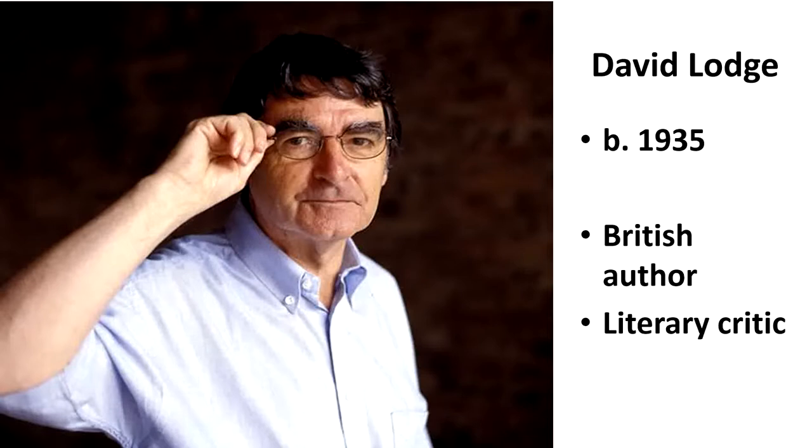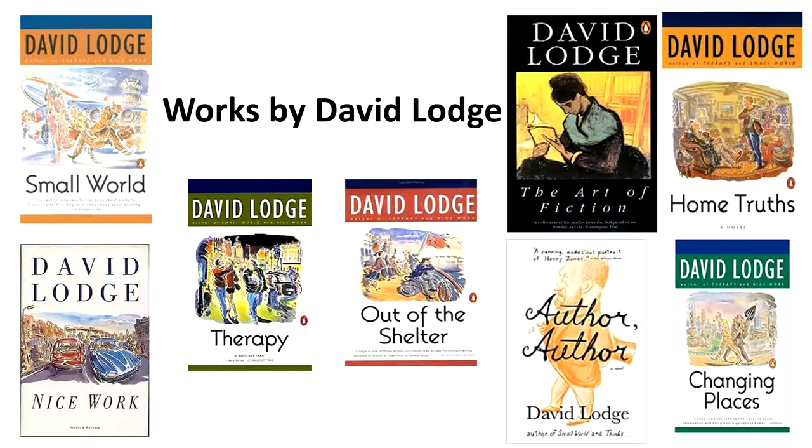He is a novelist, he is a critic, and he has contributed many works, especially on the history of the English language. One of his novels, titled Thinks, gets discussed in the article Consciousness and the Two Cultures. He is a modern writer.